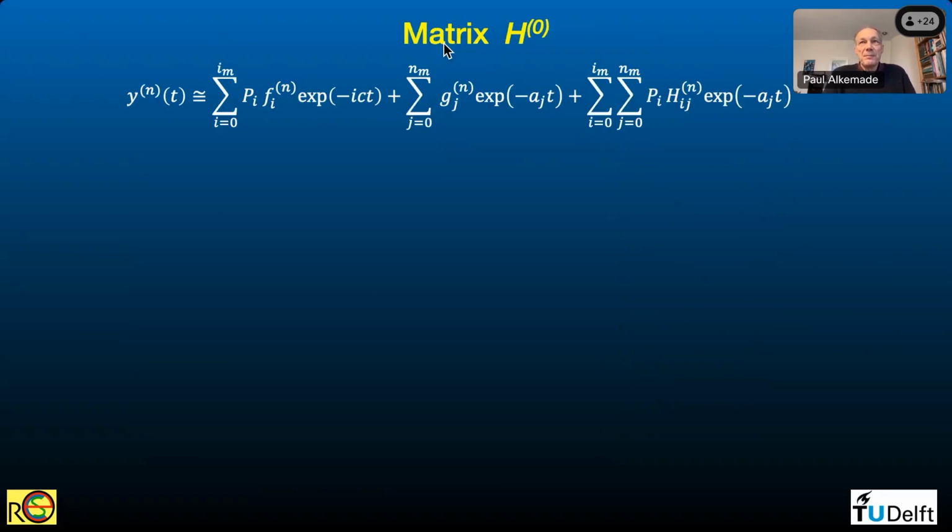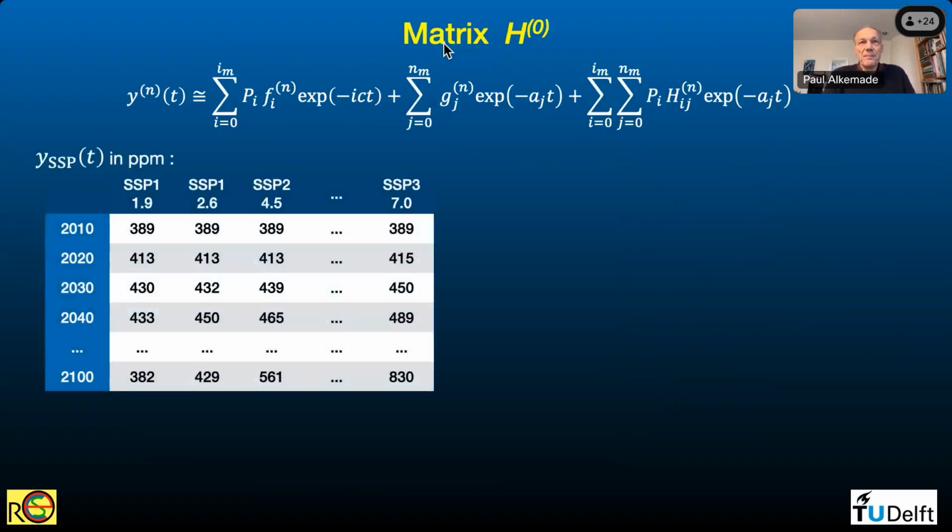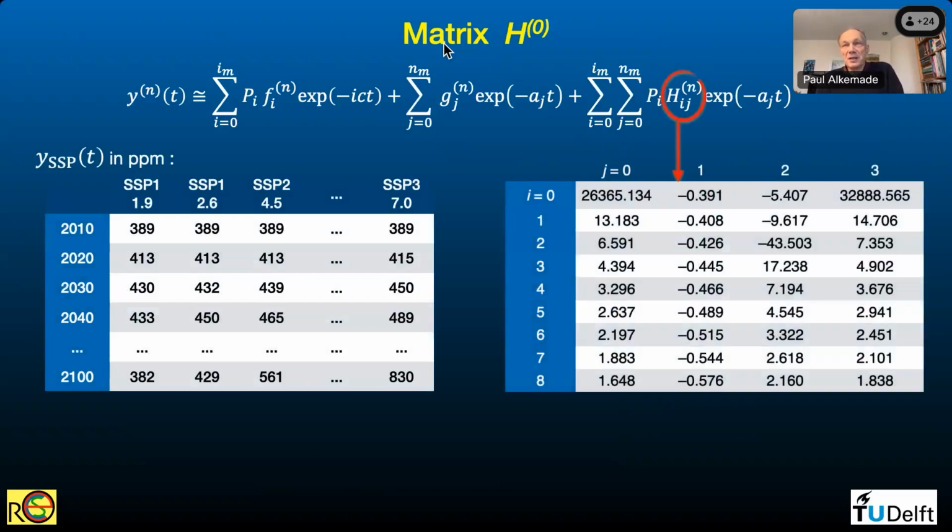Just a note on the matrix H. In the left, we have the tables of the emissions, of the concentrations as published. To the right, it will be replaced by a matrix, a table H, RJ, given here in this calibration. So we replace one table by another one. What do we gain?